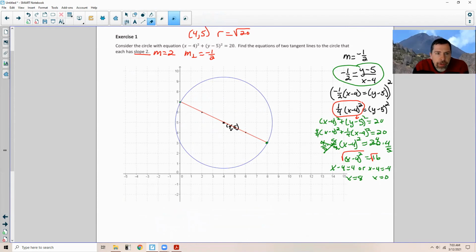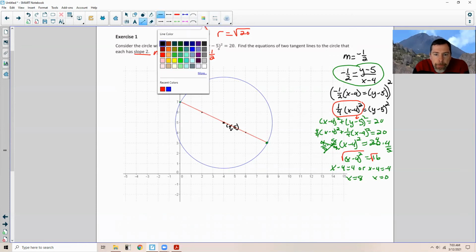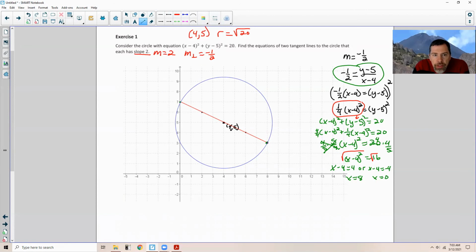And now I need to find the equations of the tangent lines. So the tangent lines are going to be perpendicular to my diameter. So I'm going to start here, and it's a slope of 2. So I go up 2 over 1, up 2 over 1, like so.